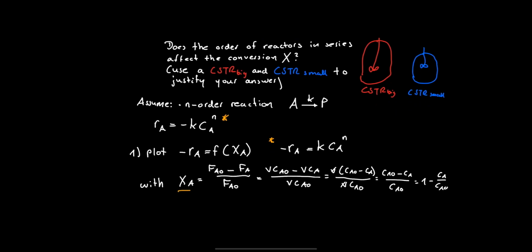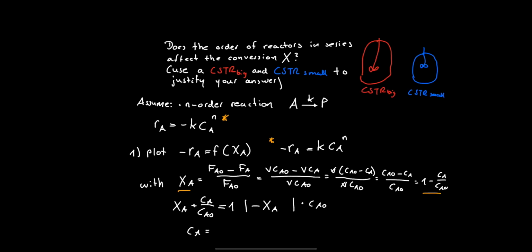So we will take a closer look into this side of the equation. And we sum this up with CA divided by CA0, which will lead to the conversion of the species A plus CA divided by CA0 being equal to 1. Next step, we subtract the conversion A. And as the second step, we will multiply it with CA0.